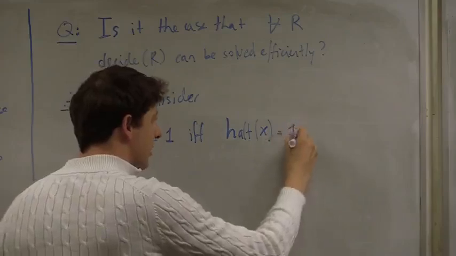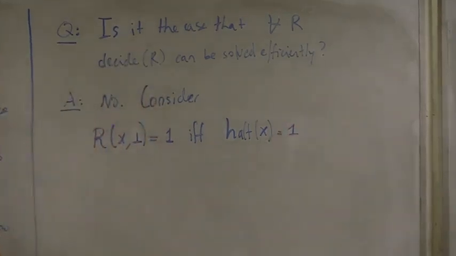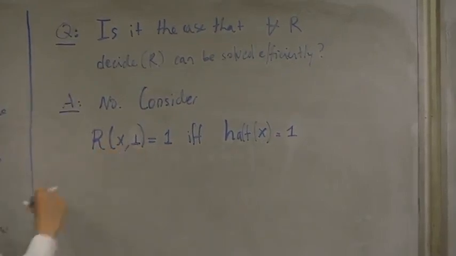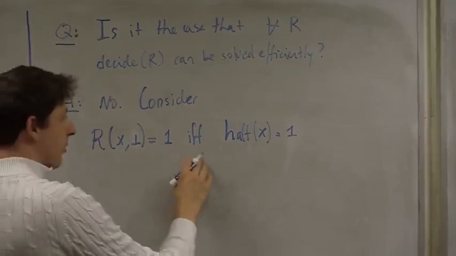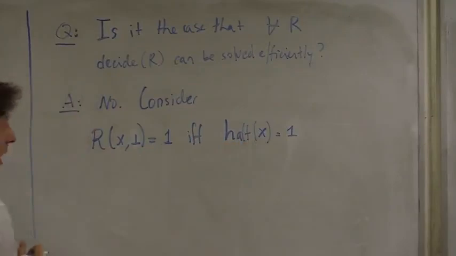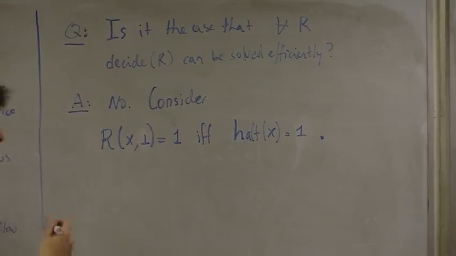So even without witnesses, x is in the relation, regardless of witness, if and only if it represents a program that halts. And we know through the undecidability of the halting problem that there is not just no efficient algorithm that decides this relation, there is just no algorithm, period, regardless of its running time.